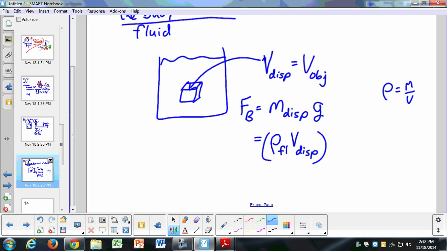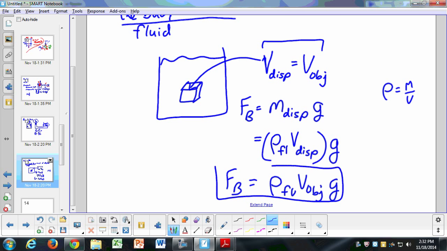That's the mass of the displaced fluid times g. But because of this relationship, this is rho fluid times the volume of the object times g. So that's my buoyant force. You need to know how to calculate the buoyant force and its definition from Archimedes' principle, that it's the weight of this displaced fluid.